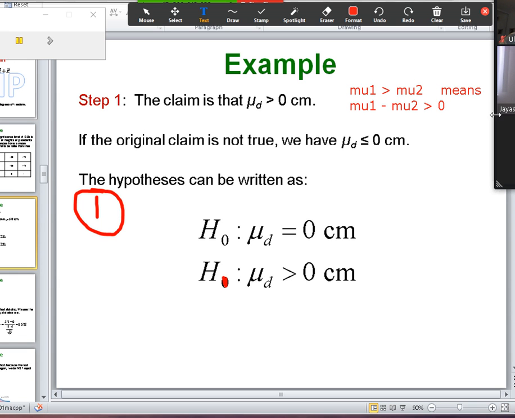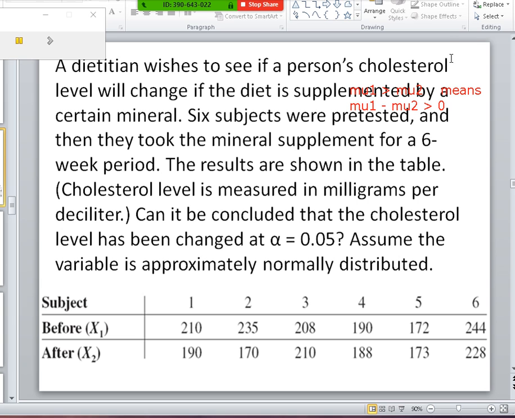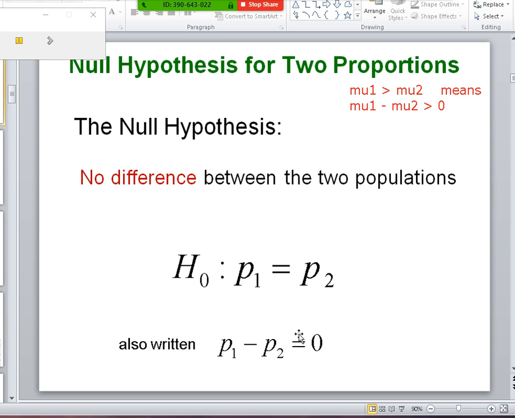Do you remember we've looked all along at these, P1 minus P2 is equal to 0?